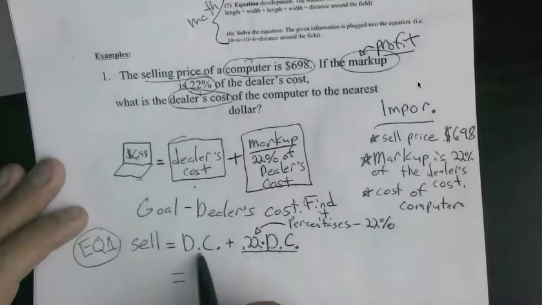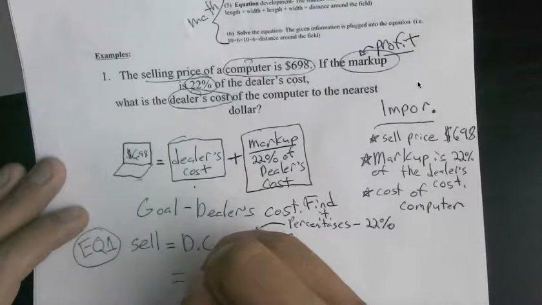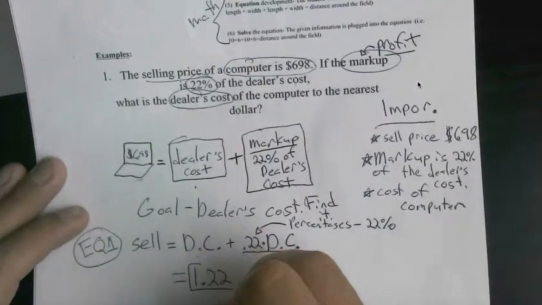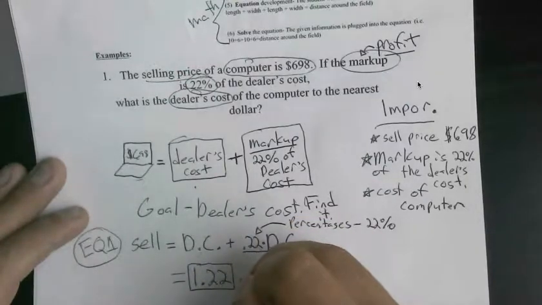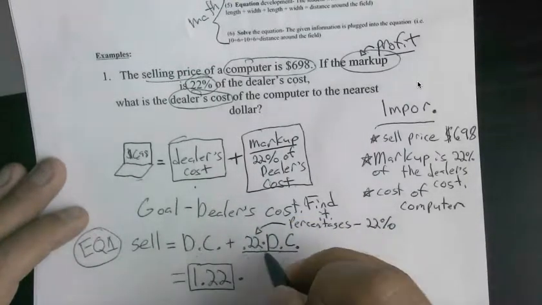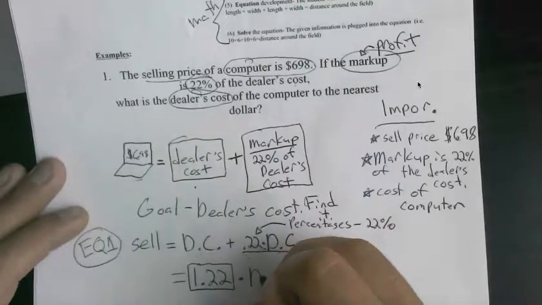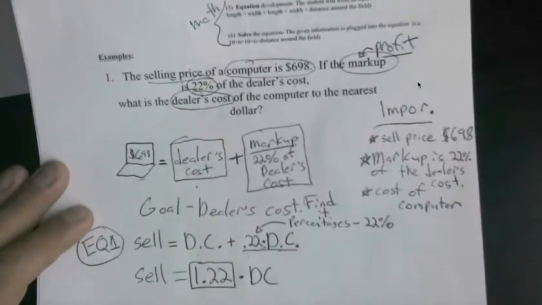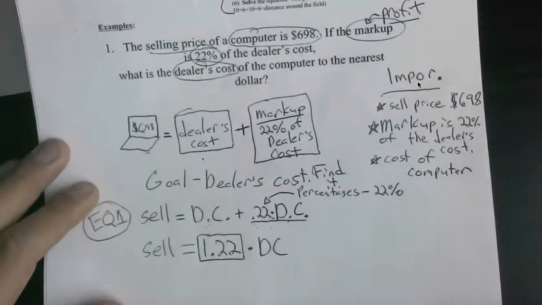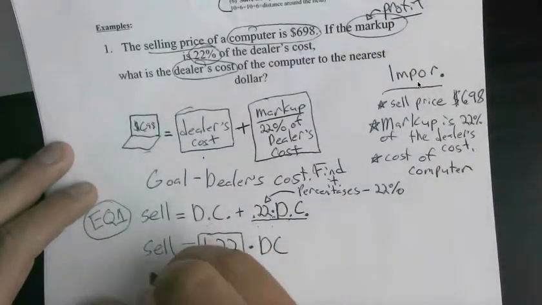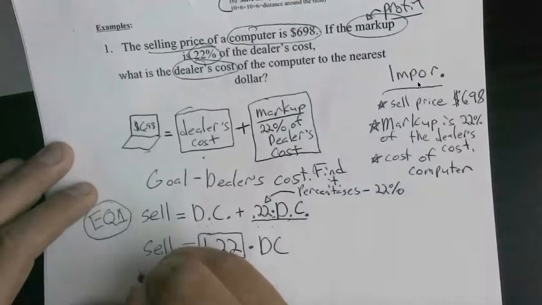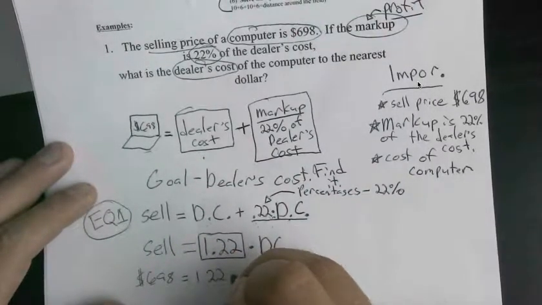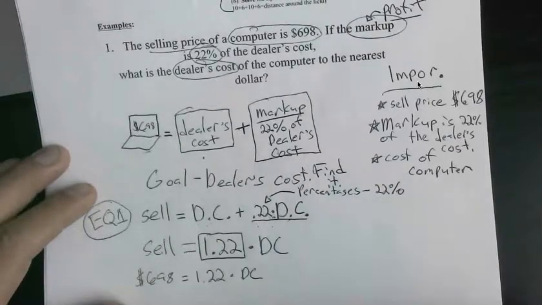Well, we have one form of it and then a percentage, so we could add these up and say that if we have one version of the dealer's cost and 22% of another dealer's cost, this should be equal to the selling price. So if we use numbers for this now, we said the selling price was $698. This is equal to 1.22 multiplying with the dealer's cost.